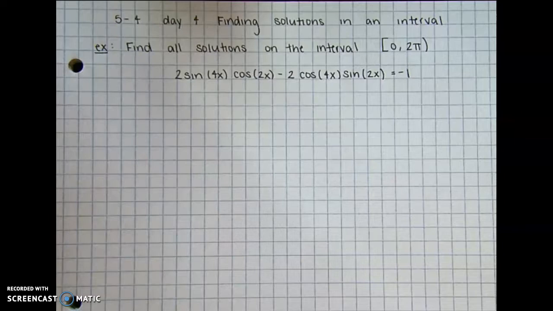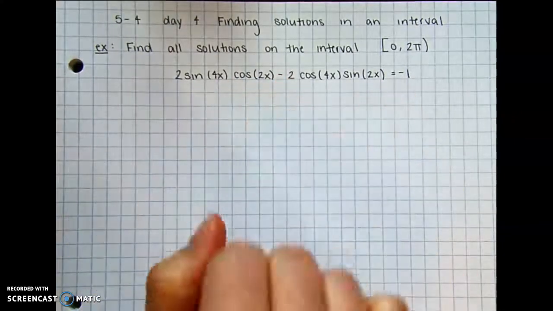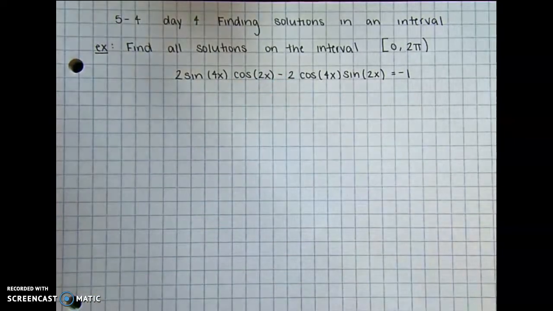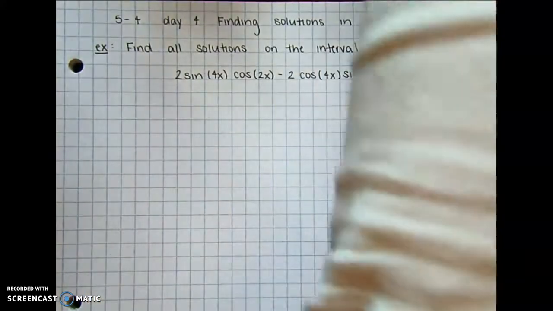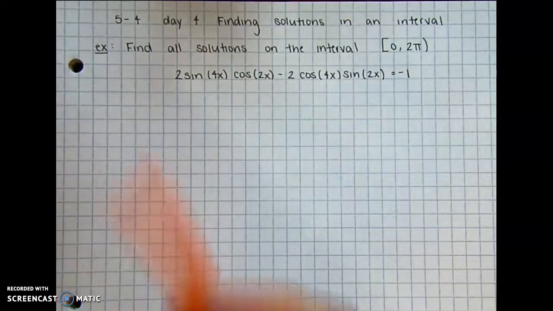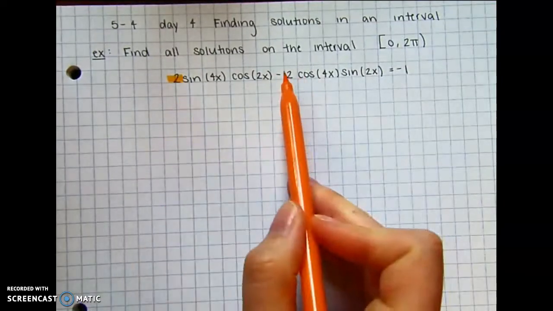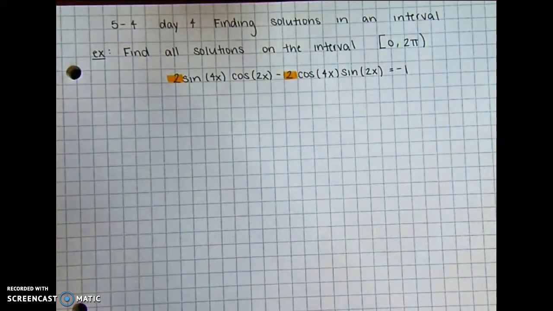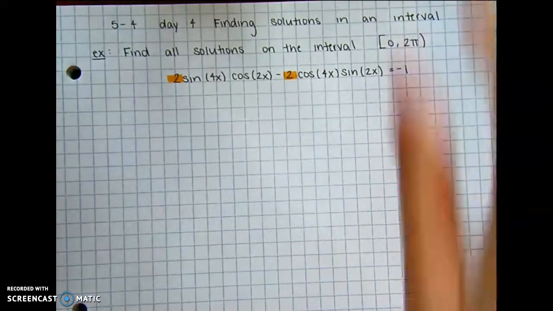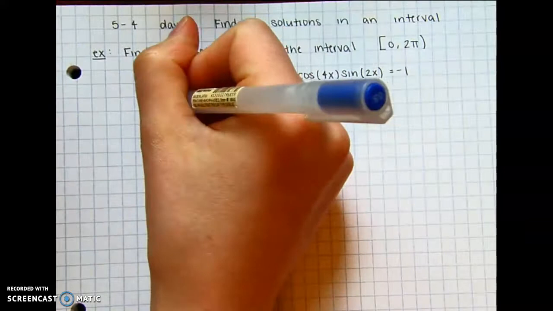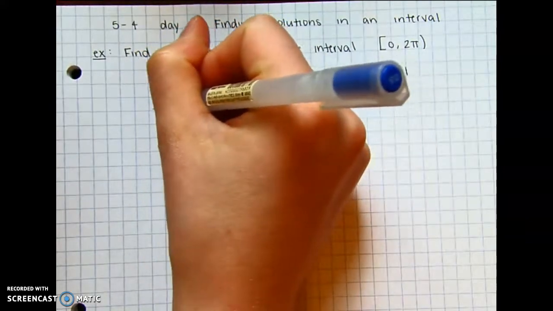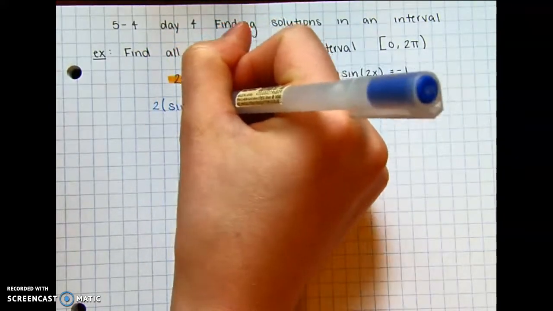Alright, so if we look at the equation we're given, you'll notice that this term and this term both have a 2 in common. They both have a leading term of 2. So we can factor out the greatest common factor of 2. Rewrite everything.